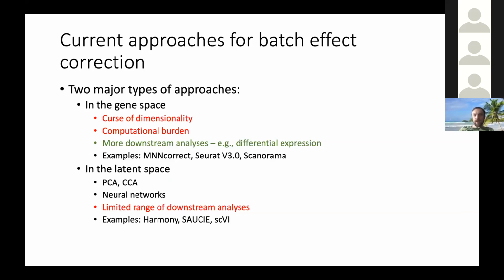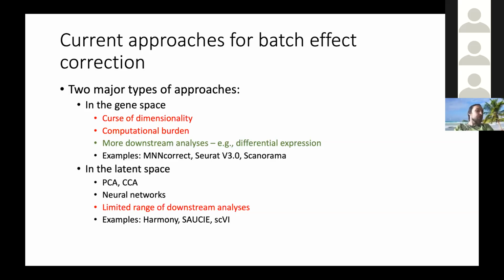There is also a lot of computational burden in using data sets in the gene space. The good thing is that afterwards we have a broader range of downstream analysis. We can use the batch corrected data sets in differential expression analysis, and so on. Examples of such methods are MNN correct, Seurat version 3.0, and Scanorama.